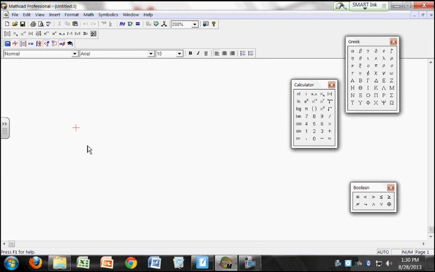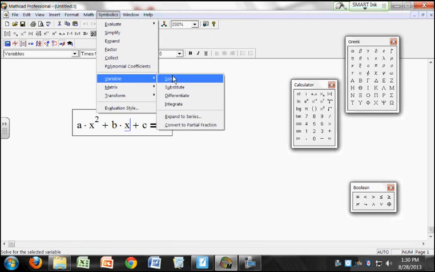So let's just try a couple of things before I let you loose on the rest of the problem. Let's say I have a times x squared plus b times x plus c, control equals, that makes it a symbolic equal sign, equal to 0. Quadratic equation. I want to solve for x. What do I do? Click on x, symbolic, variable, solve.